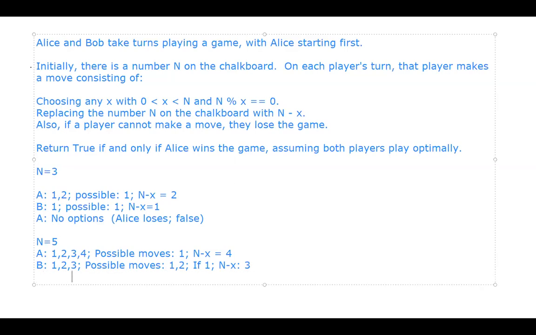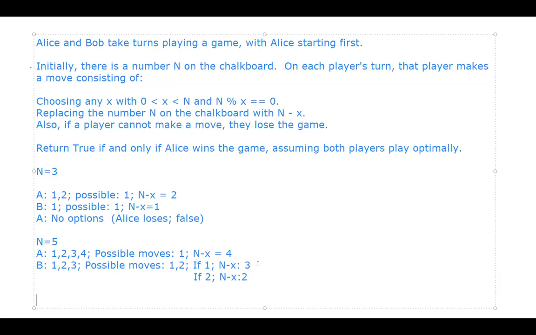And if I play 2, then I'm passing 2. Can't do 2, I guess, because it does not divide. No, it divides 4, right? Oh yeah, sorry, my bad. So these are the two possible moves I can make.